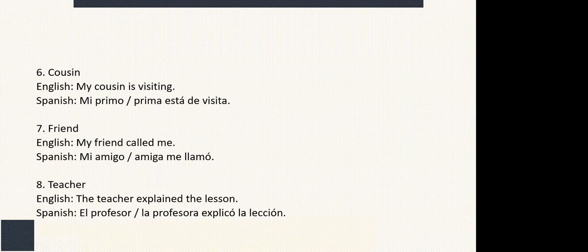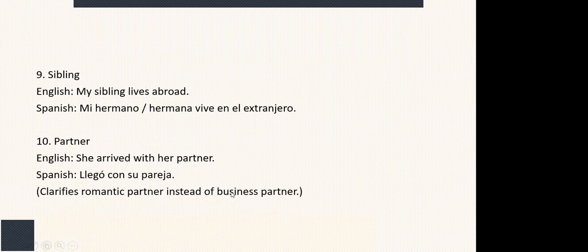That could be a male cousin, female cousin. It's a hard word to explain, and people will get lost until they verify the gender of the cousin. Friend is the same problem. Amigo, amiga. Teacher: profesor, profesora. We don't know who a teacher is. We may assume it's female, but that could be a male teacher.